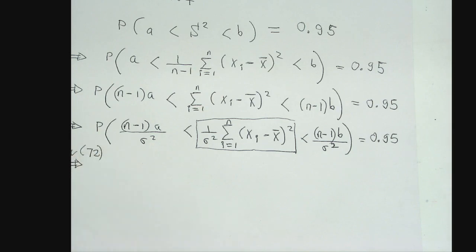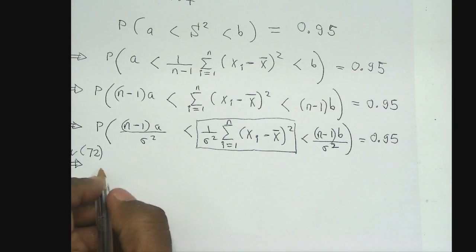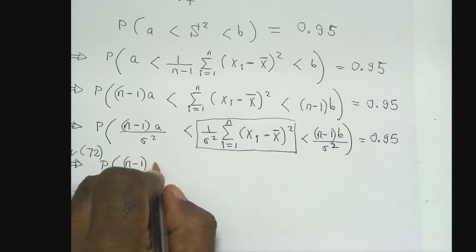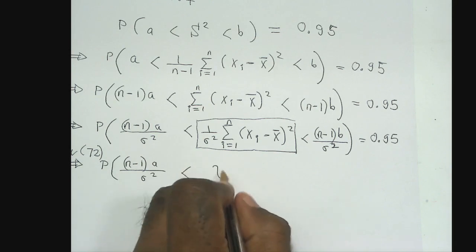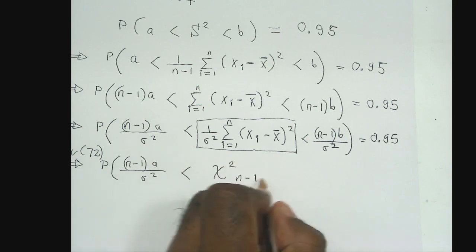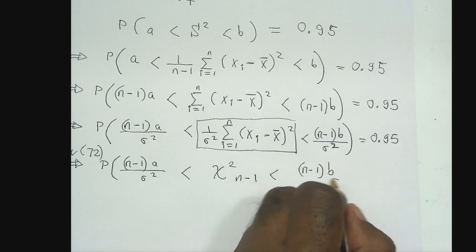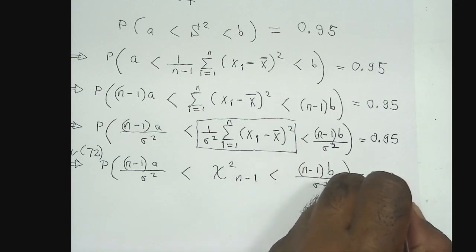You should look at equation 72 in the lecture notes. You will see that this has the chi-square distribution with n minus 1 degrees of freedom.